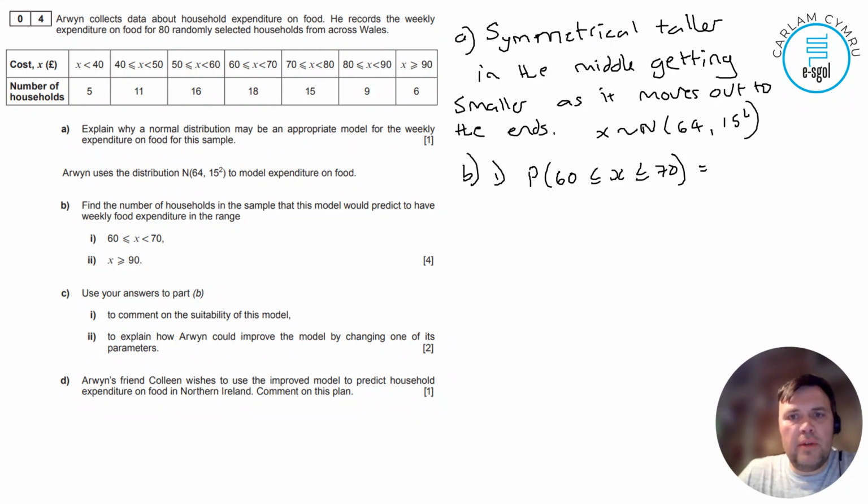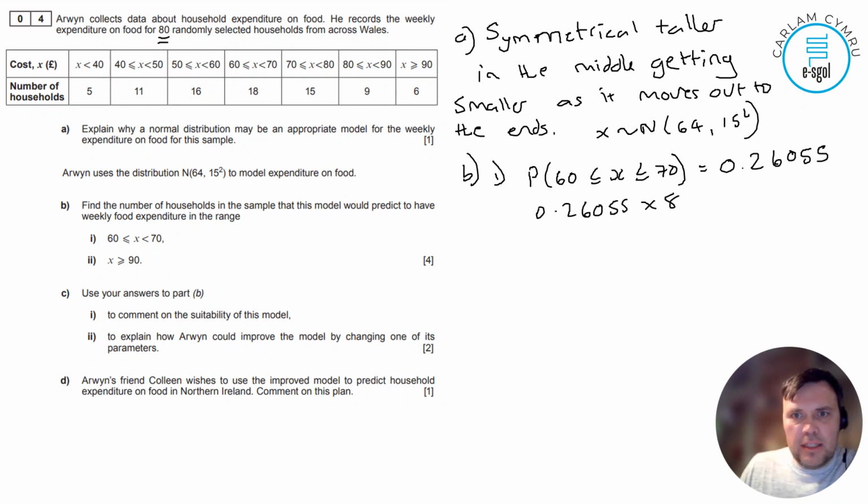Your lower value is 60, your upper is 70, your standard deviation is 15, and then your mean is 64. Type that in, and you will have a value of 0.26055. And then because there were 80 random households, you would do 0.26055 times 80, and that gives you a value of 21.